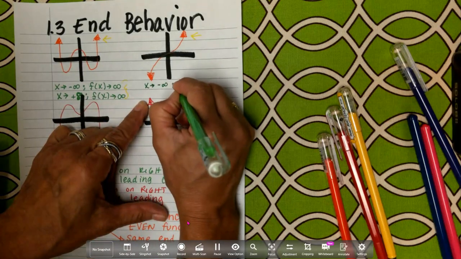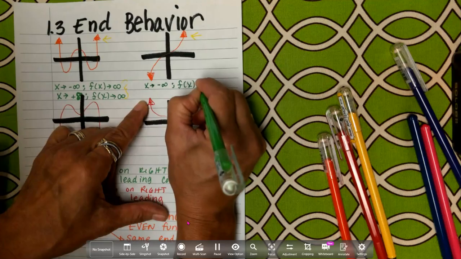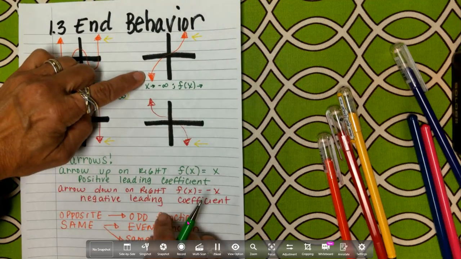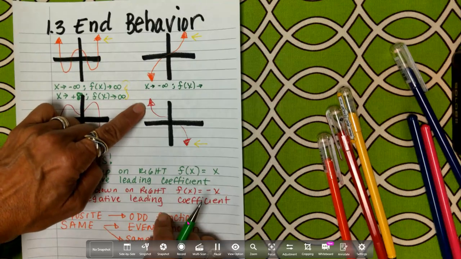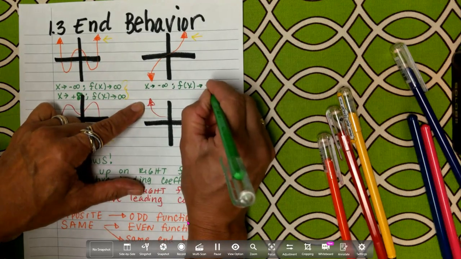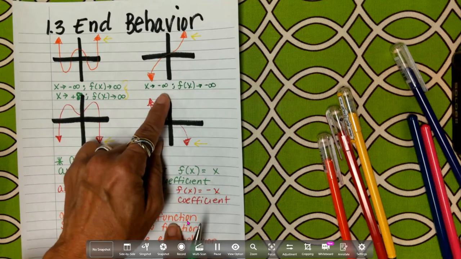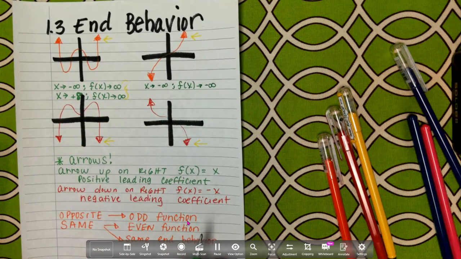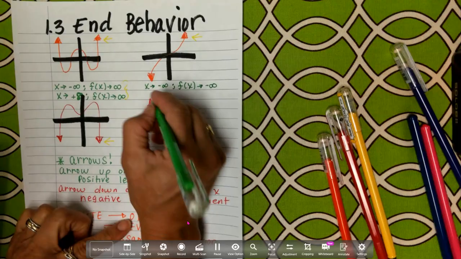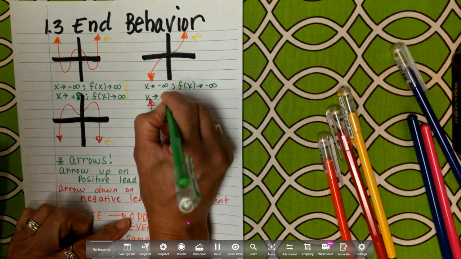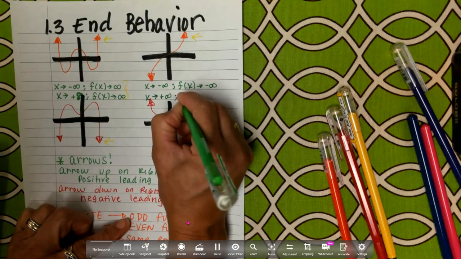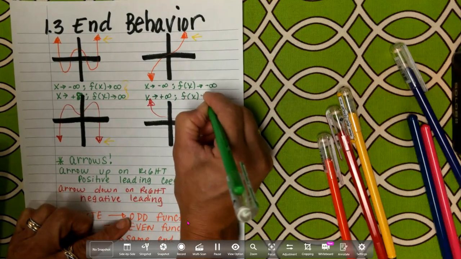What's happening to my outputs? As my x values get lower and lower this way, my outputs are getting lower and lower down. So as x approaches negative infinity, so does f of x. Let's look at the right side. Right arrow right here. As x approaches positive infinity, so do the outputs.